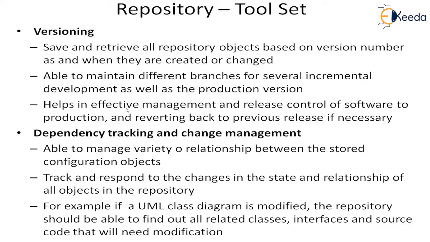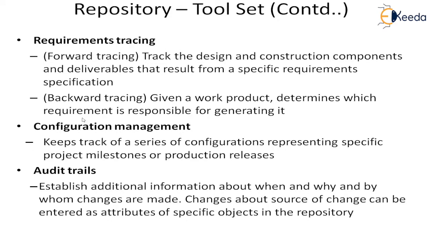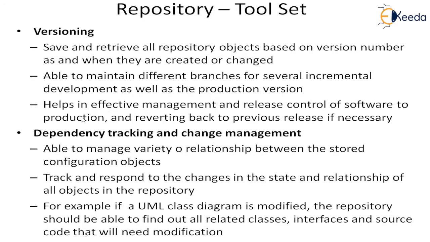Also, it helps in effective management and release control of software to production, and whenever it does it, all the released versions are under version control, and the previous versions are also stored. So suppose something goes wrong with the release of the new version, then the team members will be able to call it back.